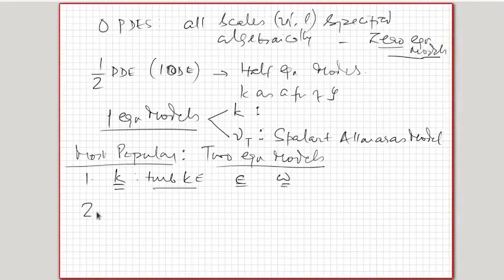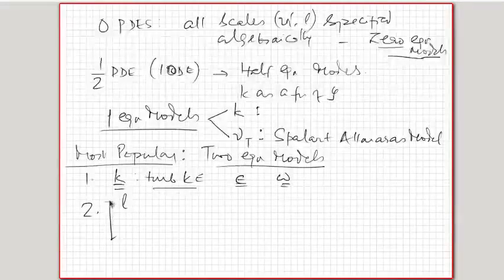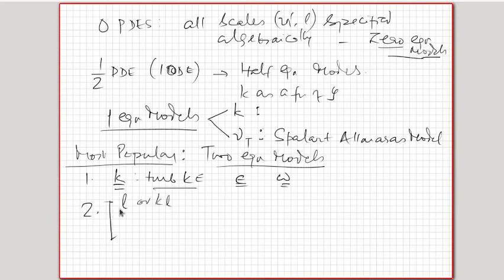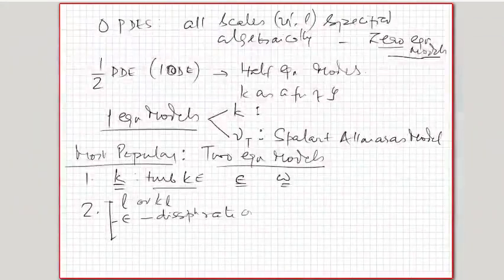And the second equation can be in one of these variables. One is L, the length scale itself. There can be equations for L or k into L. There are k-KL equations also. Otherwise it can be of epsilon, which is the dissipation rate of k.